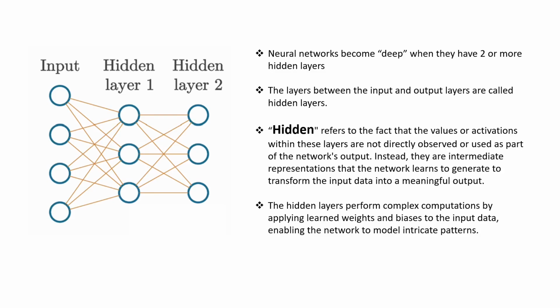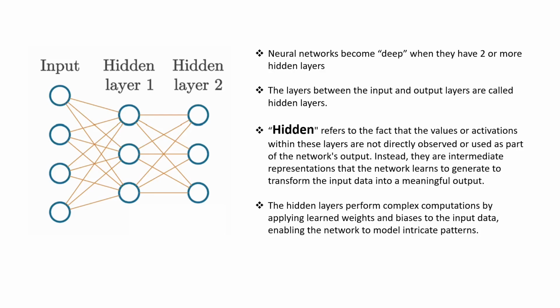These layers between the input and the output are called hidden layers. In our figures, there's actually no output, but let's imagine that after hidden layer 2 is our output. They are called hidden layers because they are not directly observed. These numbers are not present in the features of your data.